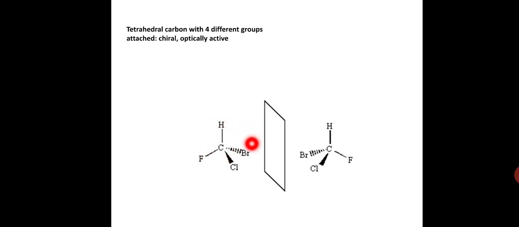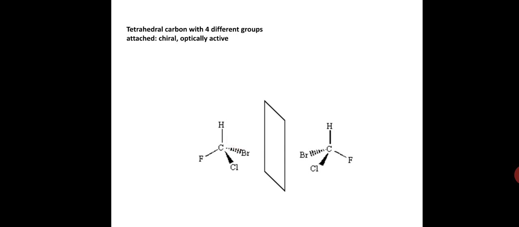This will be chiral. So if you have a molecule with a carbon attached to 4 different groups, then obviously you can say the molecule is chiral and therefore optically active. So by simply looking at a molecule, you can say whether it is chiral or achiral if the molecule has a carbon that is attached to 4 different groups.